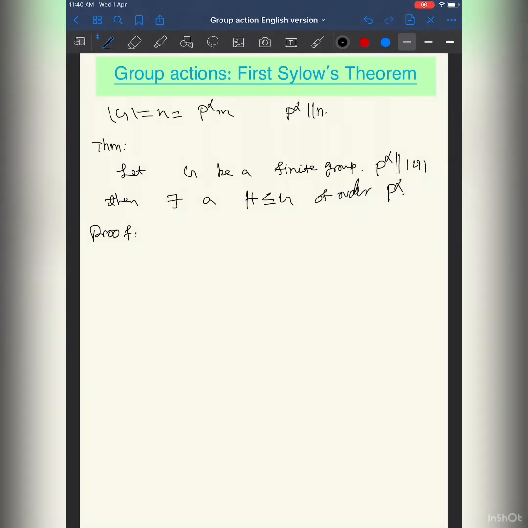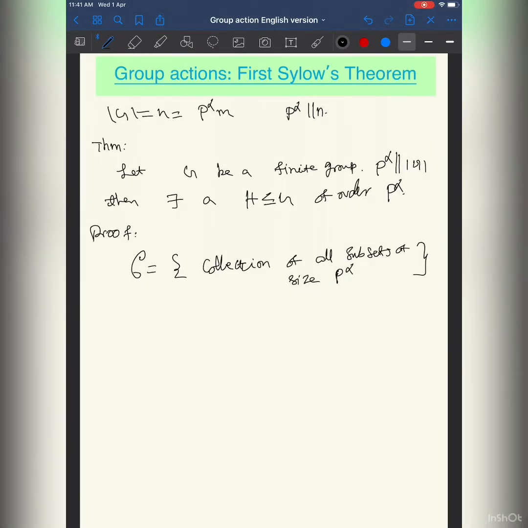Let's prove this. We are going to use a group action one level above. Consider the collection of all subsets of size p power alpha.